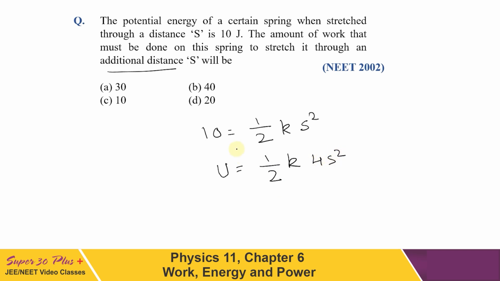As we know that half k s squared is equal to 10, this is 4 times half k s squared, which will be equal to 40 joule. But it is asking for the amount of work for this additional distance. So the required work will be 40 joule minus the initial work, that is 10 joule, and this will be 30 joule, which is our option number 1.